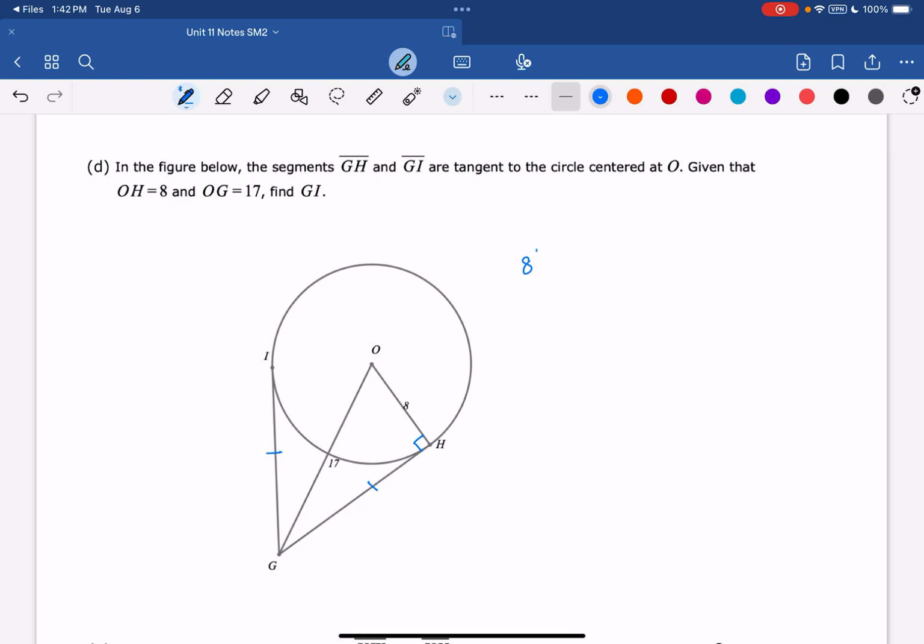So we would have 8 squared plus that leg squared equaling our hypotenuse squared. So we'd subtract our 8 squared. So x squared is equal to 225. X is 15. So that means this length here is 15, which means the length they asked us for, which was GI, is also 15.